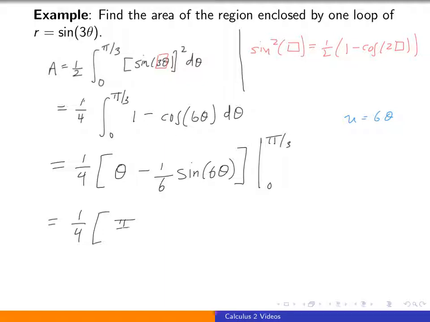So it's pi over 3 minus 0, minus 0, minus 0, just to see everything. So the area of one loop is pi over 12. Now note, alternatively, one also could have integrated from 0 to 2 pi and then divided your answer by 3, because the graph of r equals sine 3 theta has 3 petals.